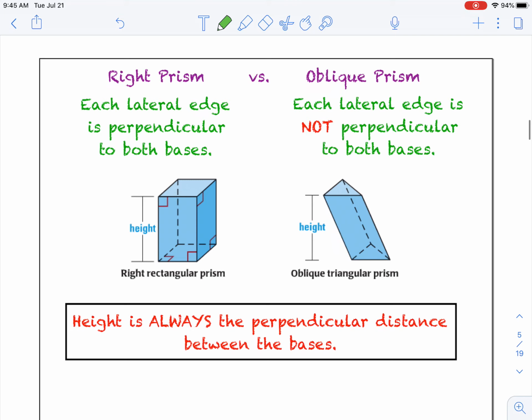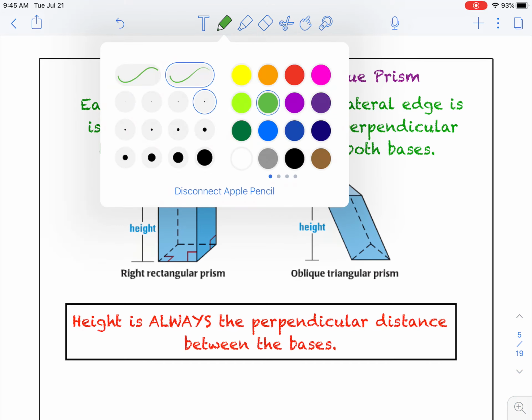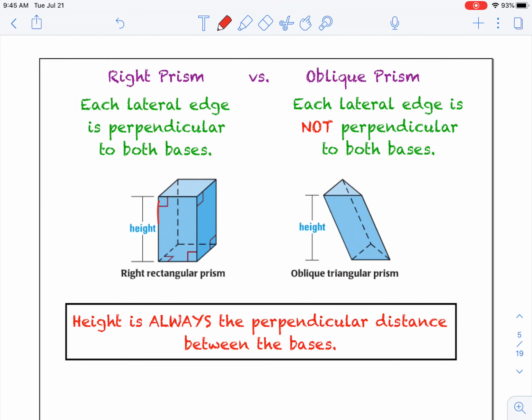So it turns out that you can actually have right or oblique prisms. A right prism would be where each lateral edge is perpendicular to both bases. So if we look at this lateral edge, it's going to be perpendicular to both of those bases. Oblique, the lateral edge is not perpendicular. So you can see that this lateral edge connecting the bases is not perpendicular.